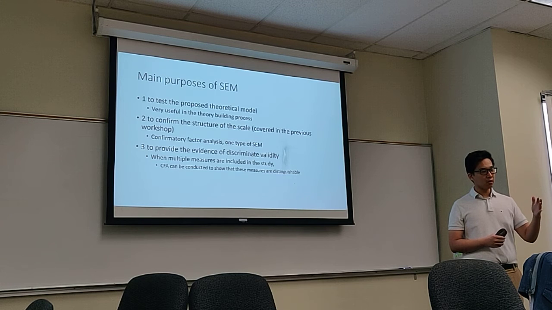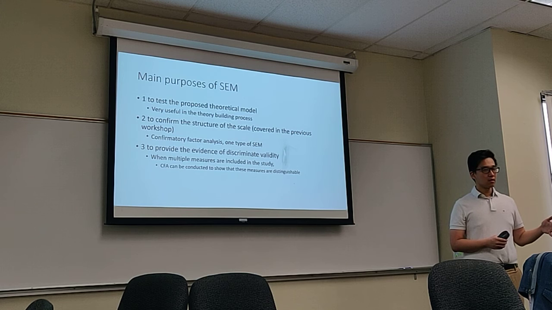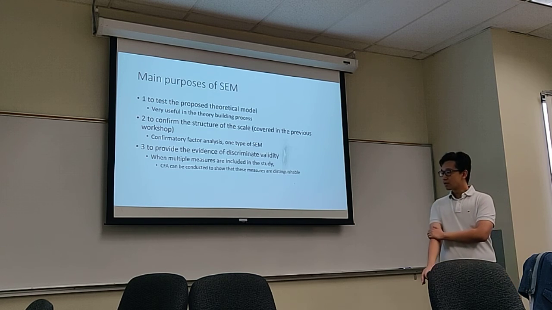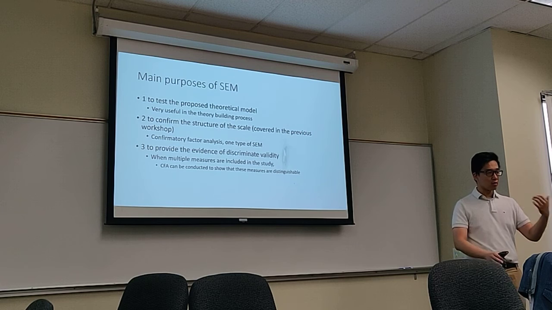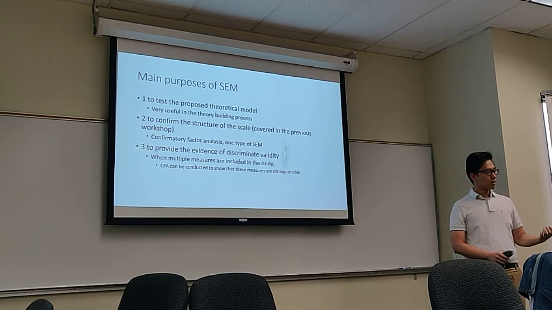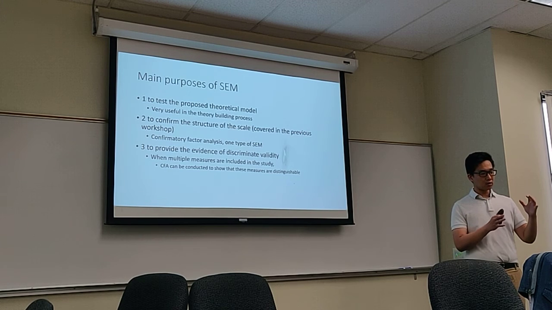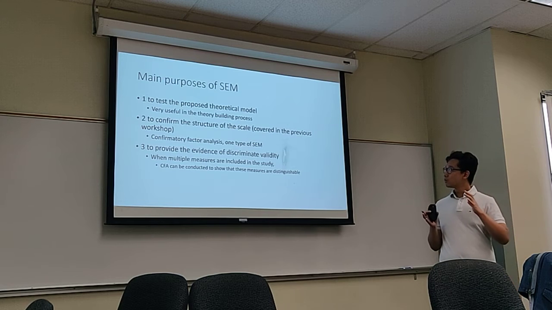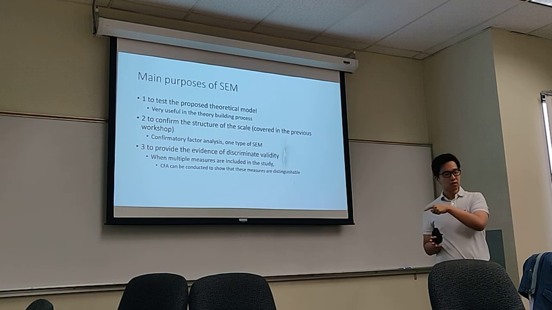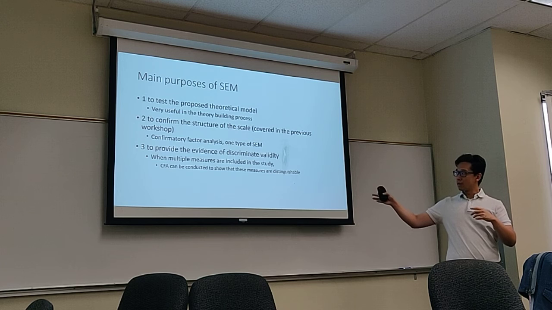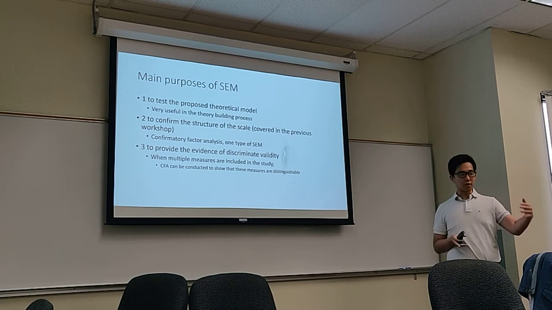That means that these measures actually measure different things. So it's a kind of discriminant validity, even though there's no scale validation process involved. So if you want to realize the first purpose, you had better do the third thing first. You show that these measures are actually measuring different concepts.